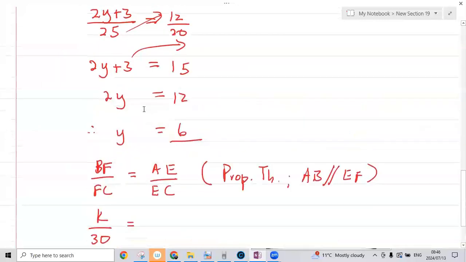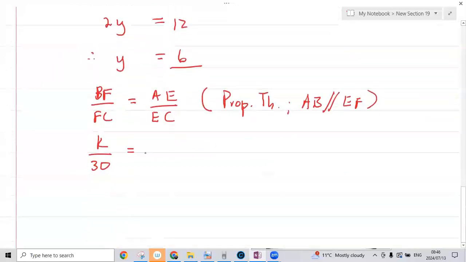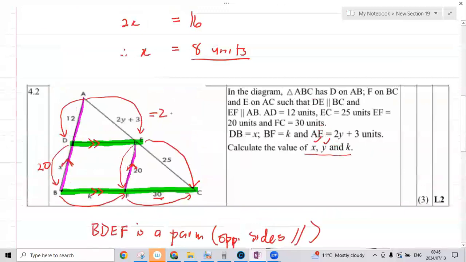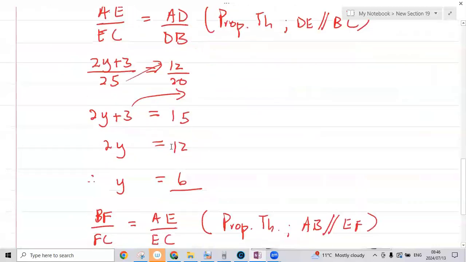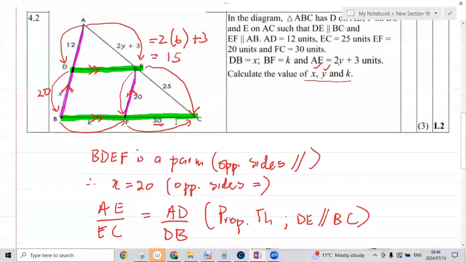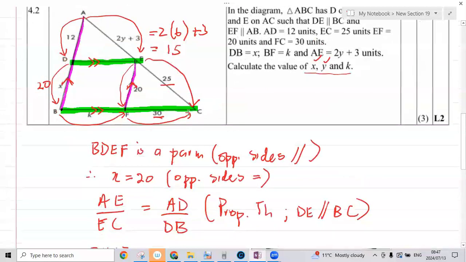Now we know that y is equal to 6. So we can substitute here 2 times 6 plus 3, which is equal to 2 times 6 is 12 plus 3 is 15. So we can just simply write down there 15, right? So that'll be 15 all over EC, and EC is 25.